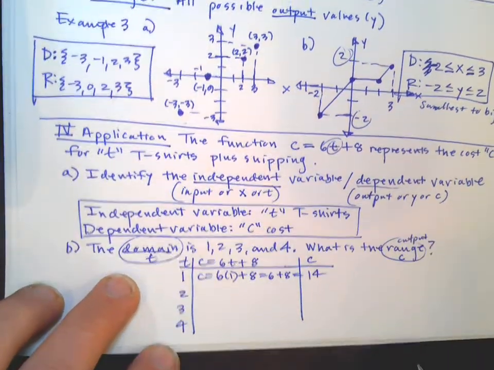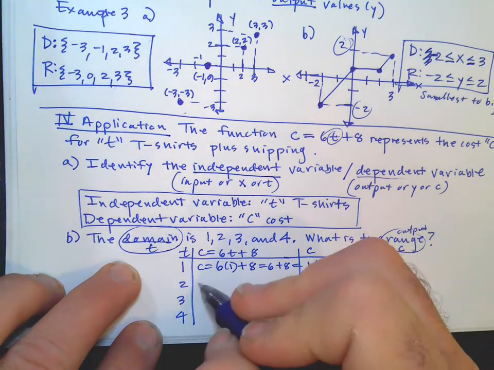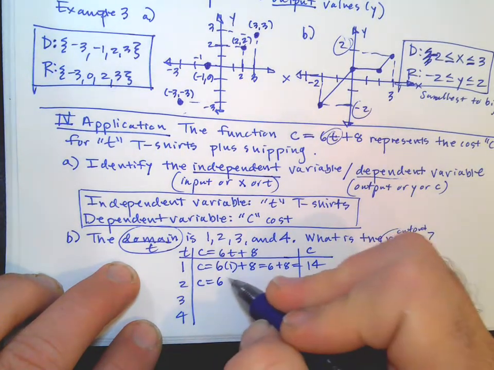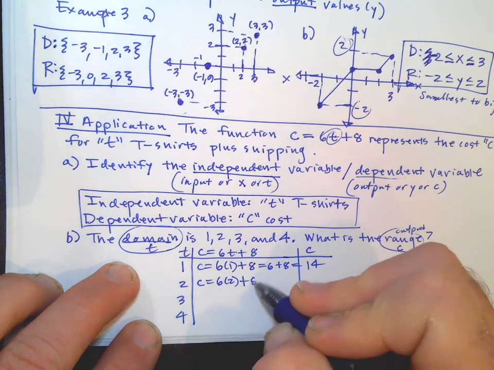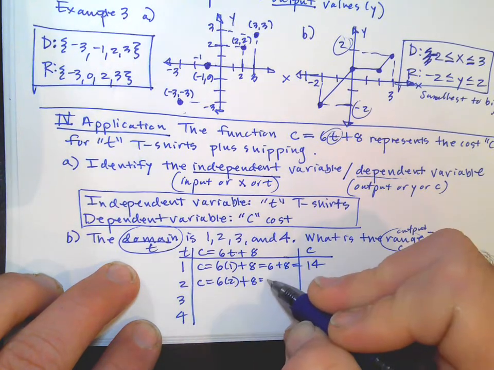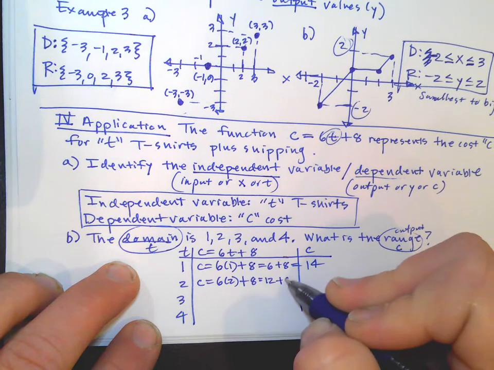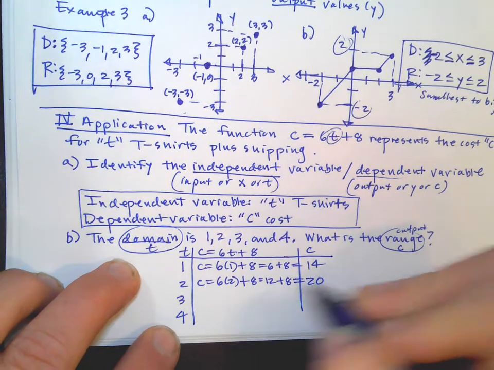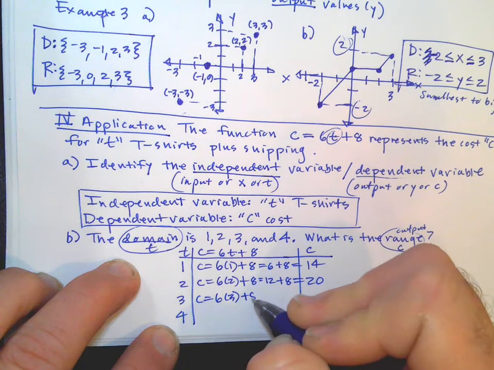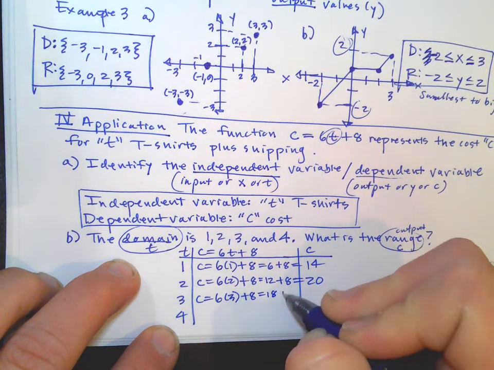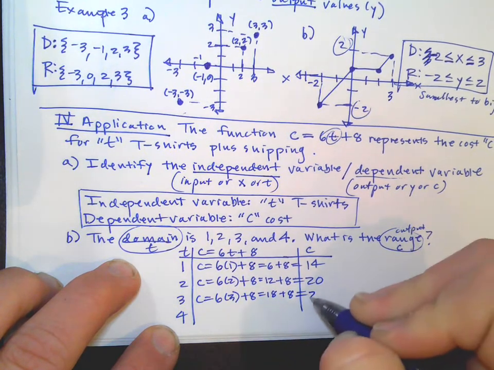So that's one of our range values. So we go through and we just do this for each of them. Plug t equals 2 in for t. In parentheses, 6 times 2 is 12, plus 8 is 20. Keep going. Plug 3 in. 6 times 3 is 18, plus 8 is 26.